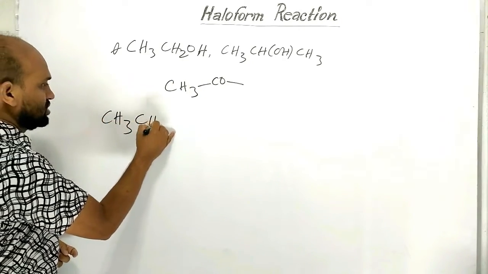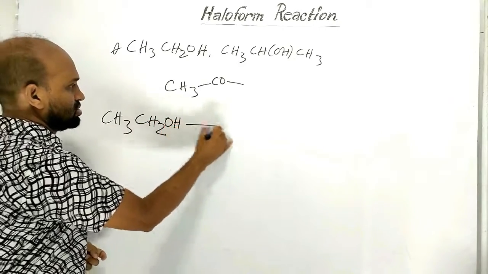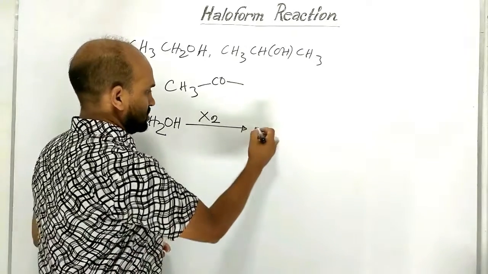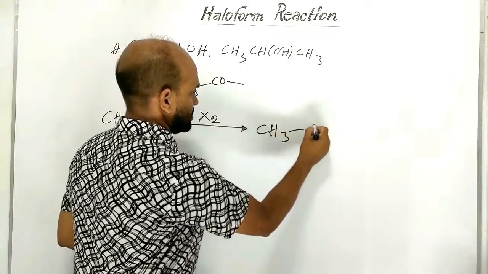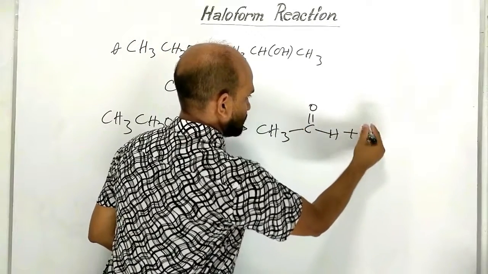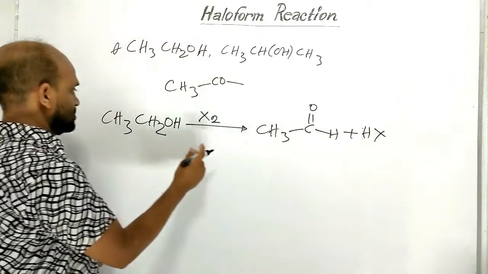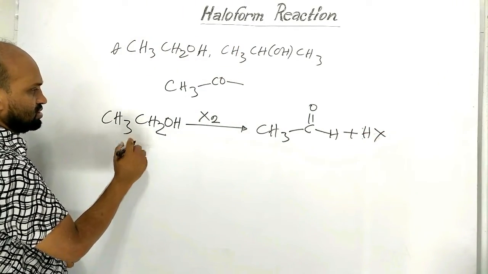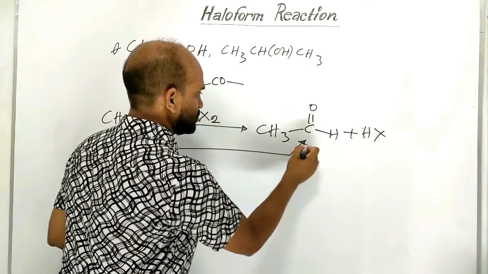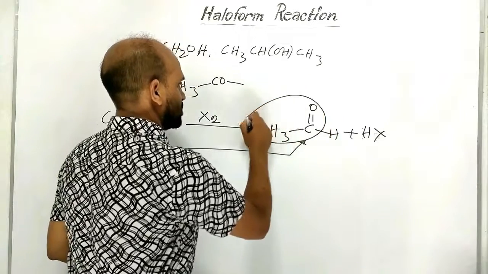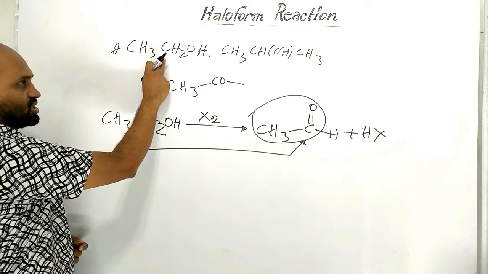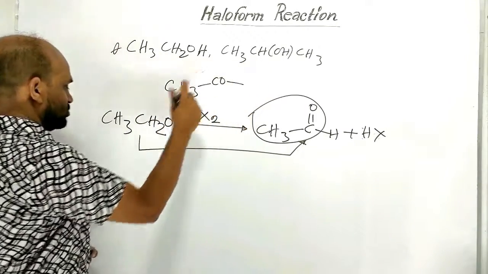Suppose this one, ethanol, reacting with halogen forms acetaldehyde, and hydrogen halide is formed as byproduct. So at the very beginning, this ethanol turns into carbonyl compound with methyl carbonyl group. That is why ethanol undergoes haloform reaction. Let's see about this one.